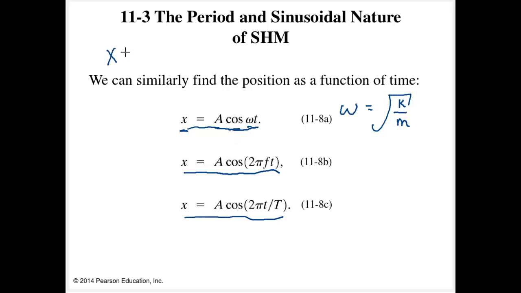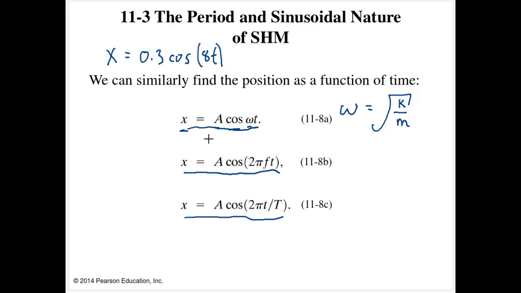If I gave you a functional form and said that the position behaves as such, 0.3 cosine of 8t, I could ask, what is the amplitude and what is the frequency of this mass on a spring?